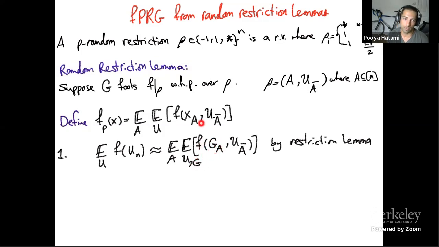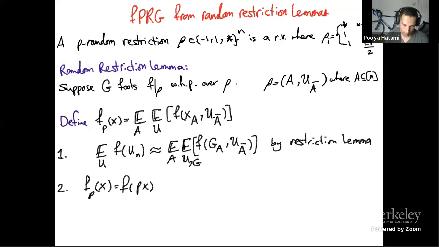Why is that? Because this is a restriction of the original function, and I know that with high probability over A and u, G fools this restriction. So I can replace the uniform with G sub A. These two expectations are close to each other by the restriction lemma. I'm being sloppy, just talking about high probability, etc. But let's do that.